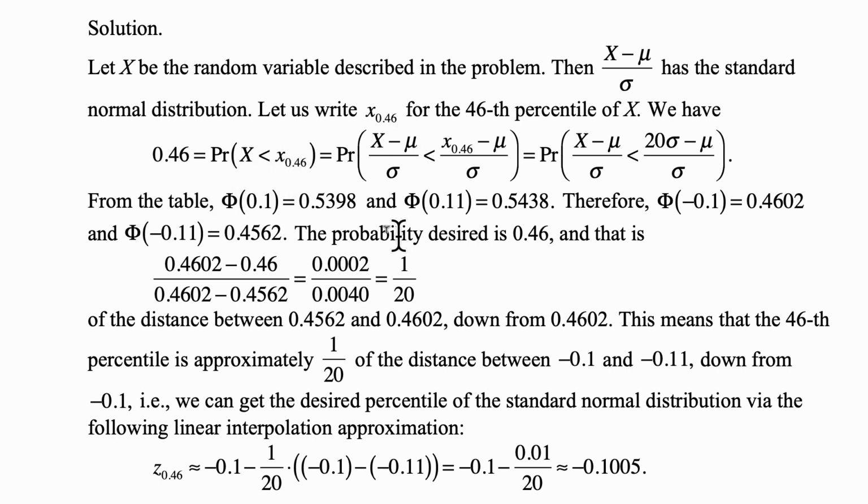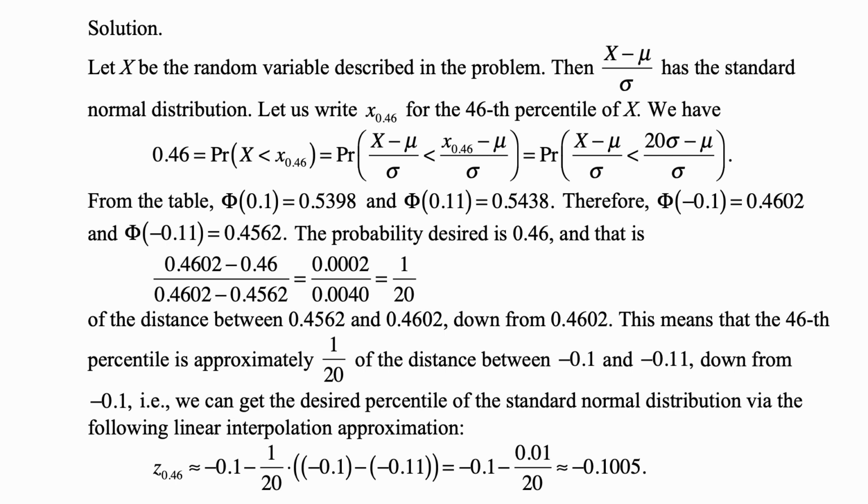So based on the values we looked up, phi of negative 0.1 is 0.4602, and phi of negative 0.11 is 0.4562. And 0.46 is between those two numbers, and we're going to figure out where roughly that 46th percentile is through linear interpolation.